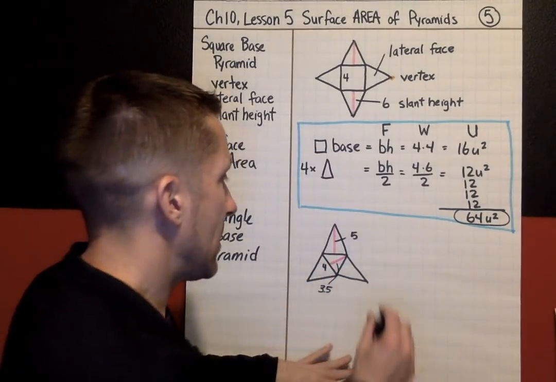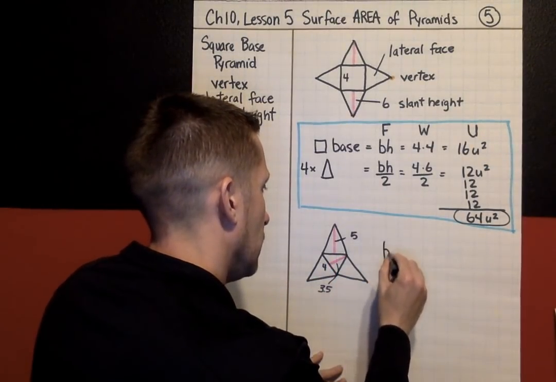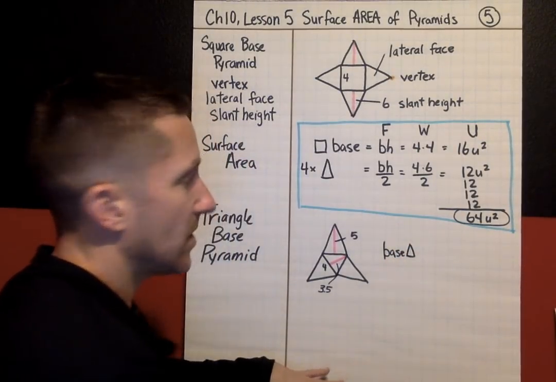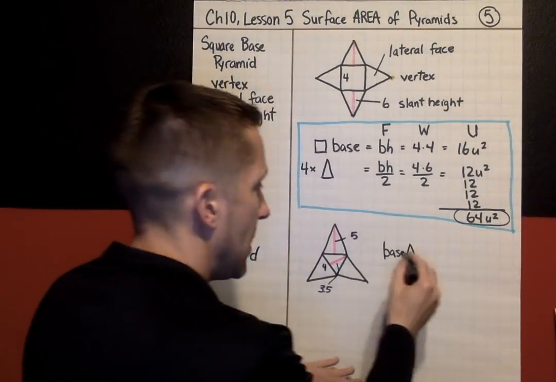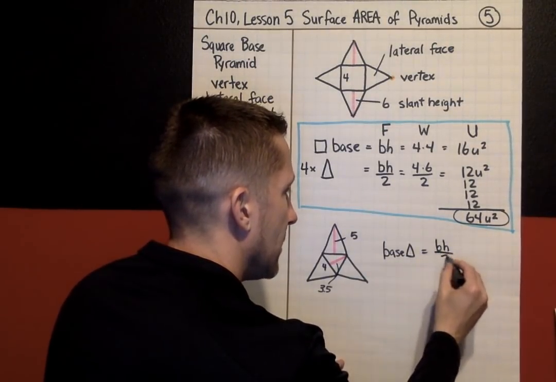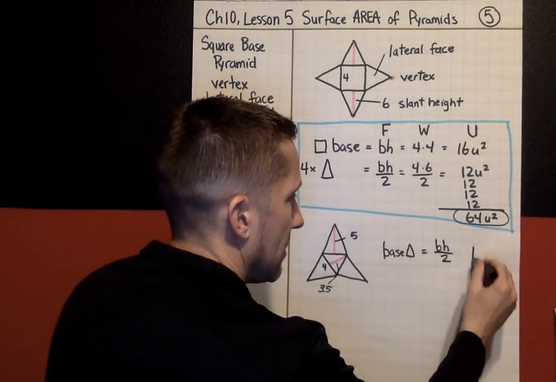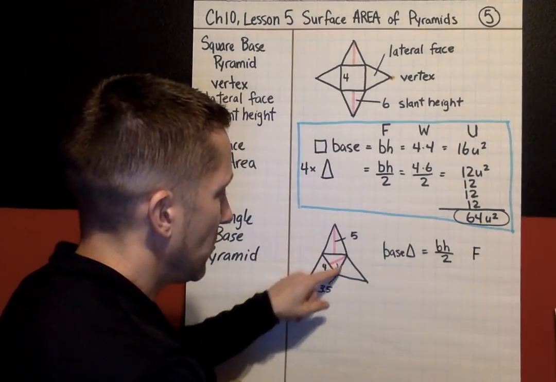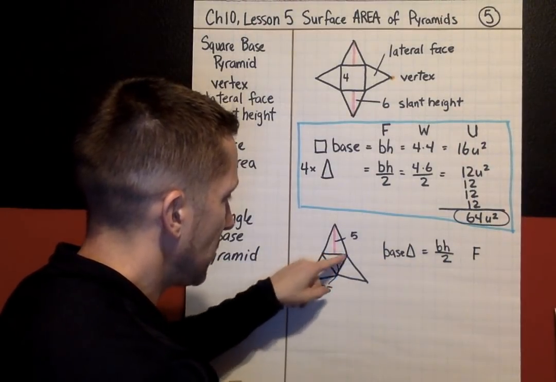So now let's break this down. We have a base triangle. And I'm going to do formula, work, units again. Area of a triangle is base times height divided by 2. And that is my formula. It's always where I start. So I'm looking at just this base triangle.